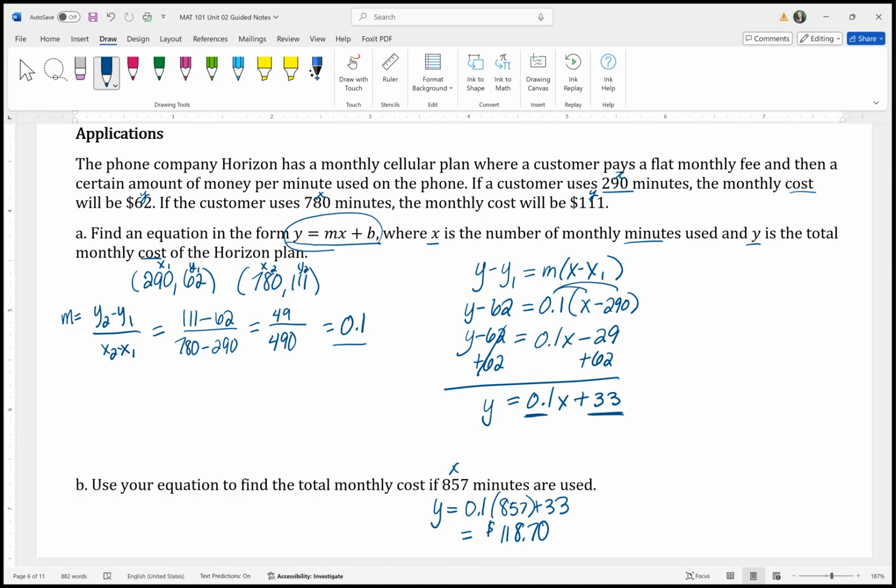Once you find the slope, then you're doing point slope. Plug that in, do some manipulation, and solve for Y, so we want a final answer of y equals whatever. Once you find that, you can move to part B and just plug in to X right here. All right, so I hope that helps on finding the equation in a linear application.